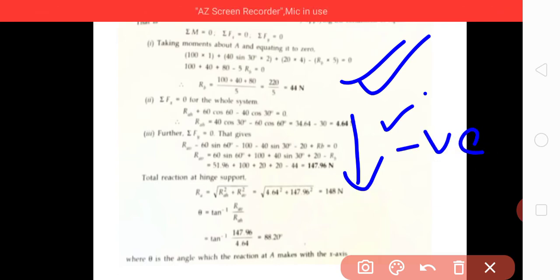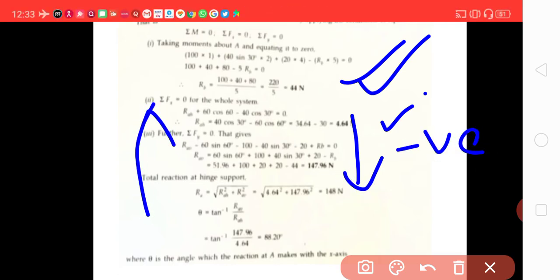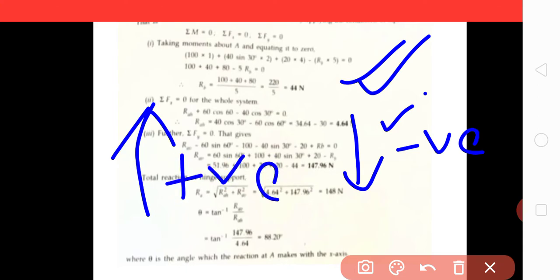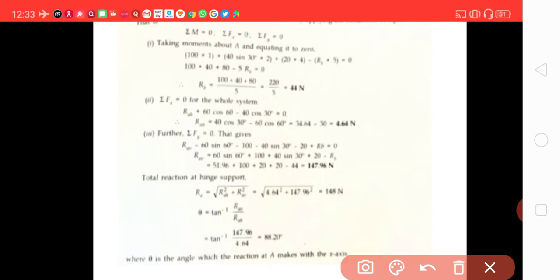He has taken downward force as negative and upward force as positive, that is, reaction as positive and force as negative, and equated them. Which gives you RA vertical equal to 147.96.